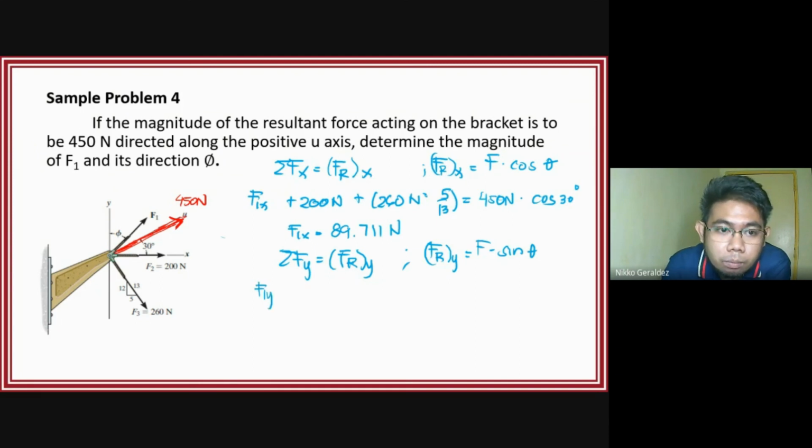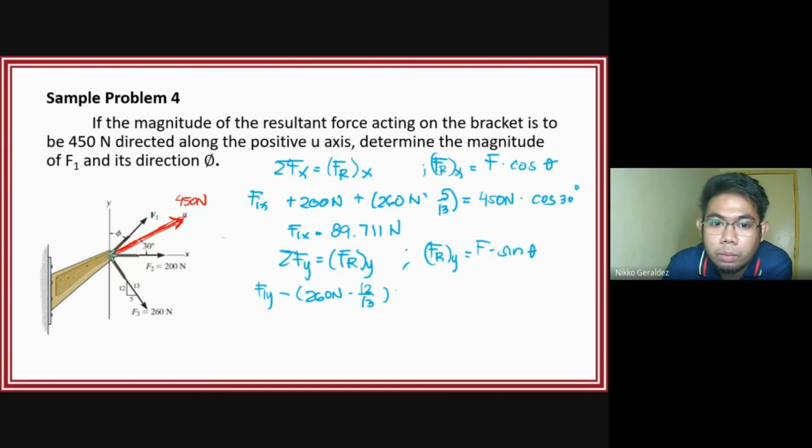The next, F2 walang y component, F3 negative y component, so that is negative 260 newtons times, saan mo i-multiply para meron kang y component? So times 12 over 30.